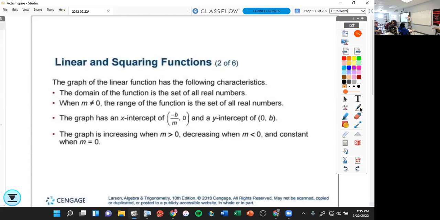If the slope is anything but 0, what's the range going to be? All real numbers. What happens when the slope is 0? The range is whatever this number is, right? So that's why m is not equal to 0 there. For the intercepts, to find the x-intercept, you plug in negative b over m, and that'll get you the x-intercept. To find the y-intercept, well, it's b. If the line's going up, it's increasing, and the slope is positive. If the slope is negative, the line's going down, it's decreasing.